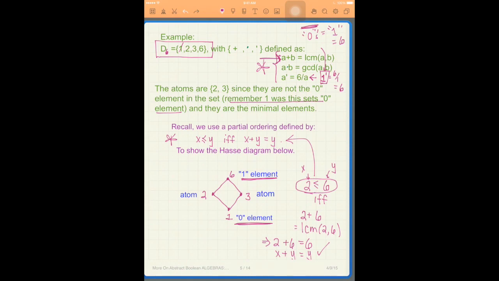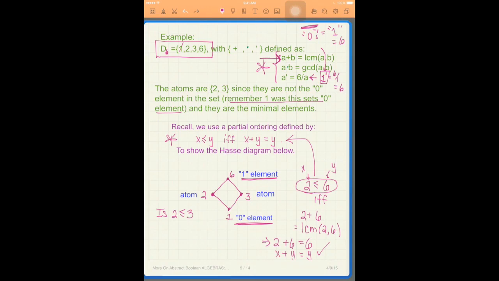So if 2 is less than the 6, then it's going to be a level below in this example. I only have 1, 2, 3, 4 elements in this set. The 0 element is 1, the 1 element is 6, and here I'm left with 2 and 3 at the same level. Why are 2 and 3 at the same level? Well, can you get a relation out of the 2 and the 3? So notice, is 2 less than, which when I say less than, it's just ordering.